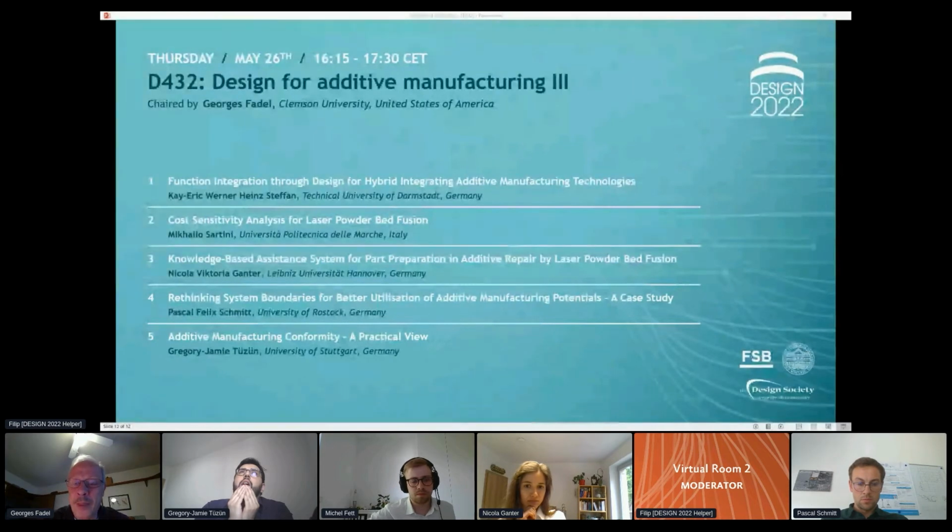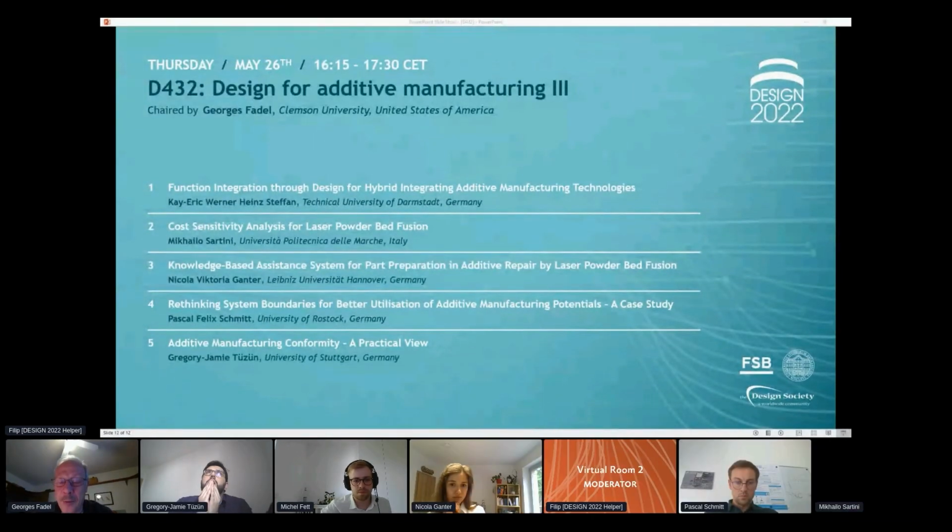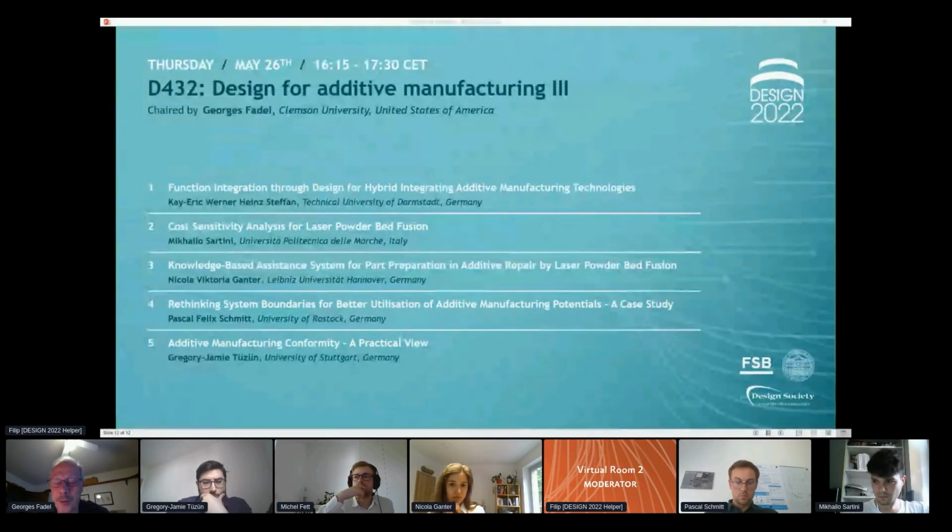I'll give you a second to see if anybody wants to tackle this, but we have a question from Gregory that maybe addresses some of that. He said, instead of looking at your function structure, would it be beneficial to tackle function integration through a design structure matrix?